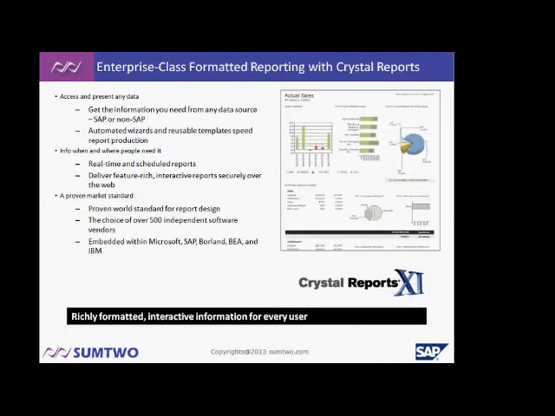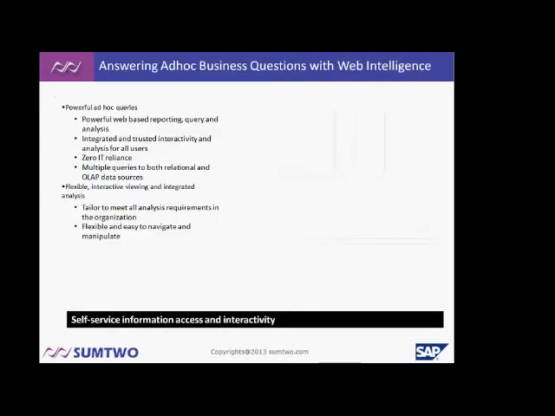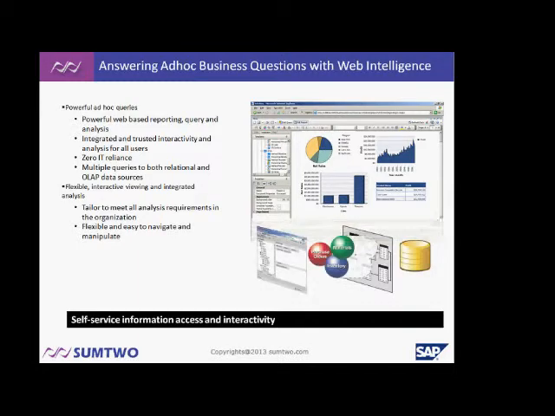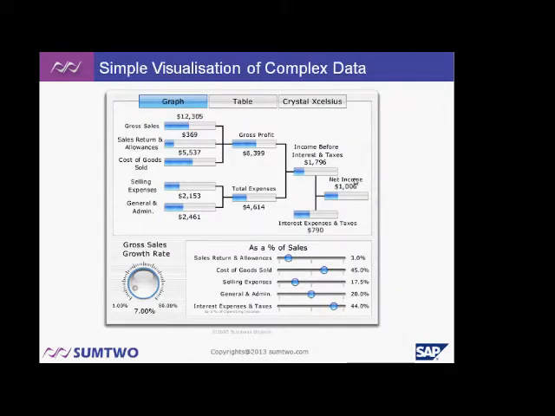If you require a highly formatted report, then there is the Crystal Reports component. We can also go for Web Intelligence if it is ad hoc reporting where the user can create their own reports, or if you want a highly visualized report, then we can go for Xcelsius or dashboards.